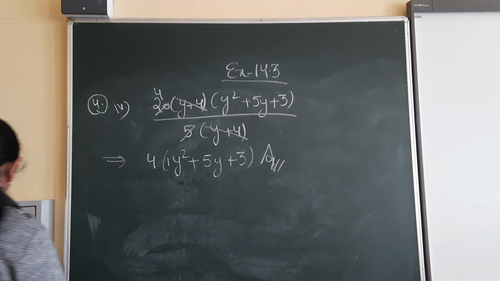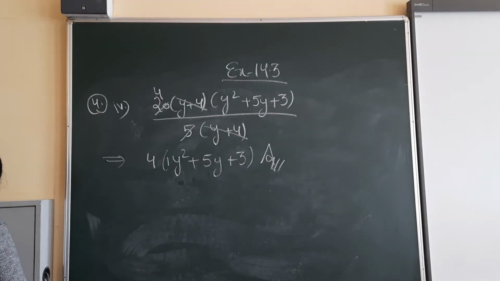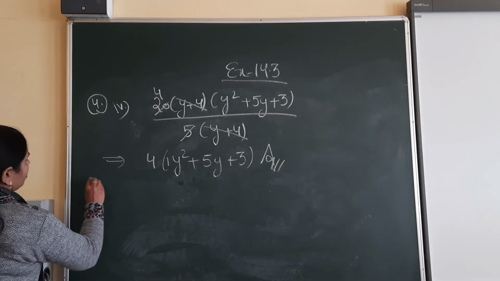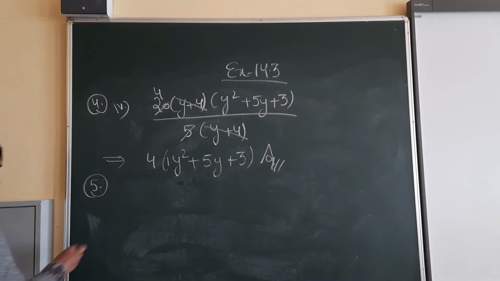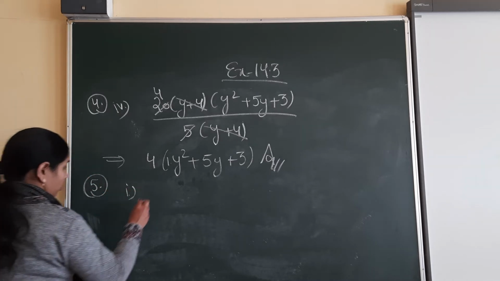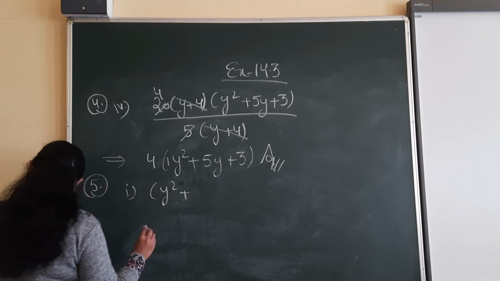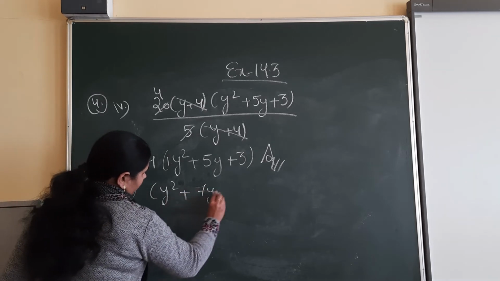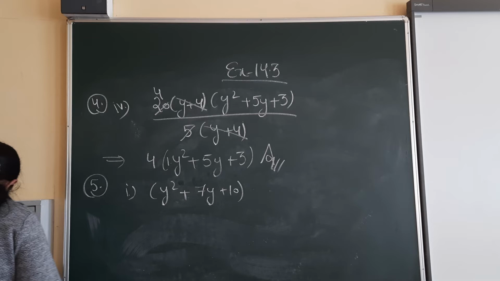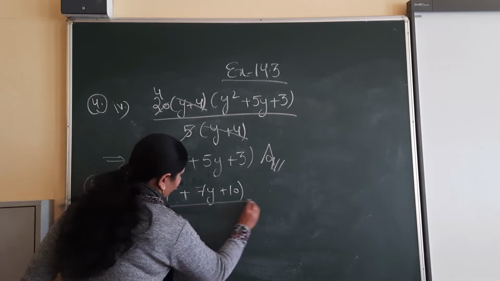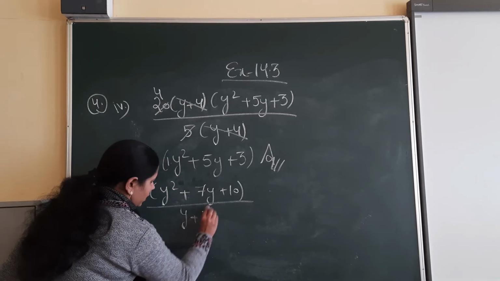Just keep it here. Now question number 5. From question number 5, I am taking the first question: y square plus 7y plus 10, and this expression is divided by y plus 5.